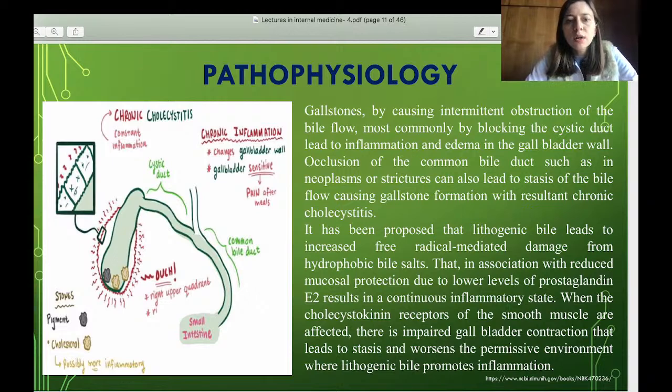When the cholecystokinin receptor or the smooth muscle is affected, there is impaired gallbladder contraction that leads to stasis and a permissive environment where lithogenic bile promotes inflammation.